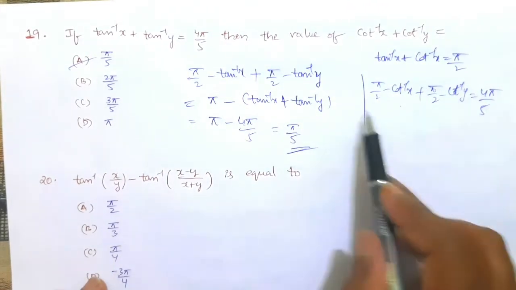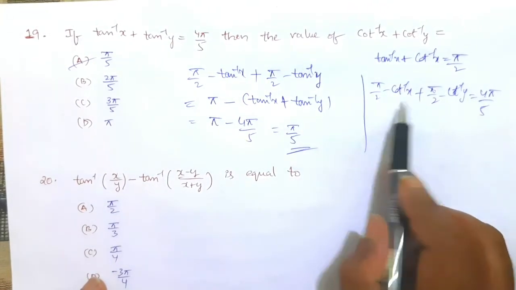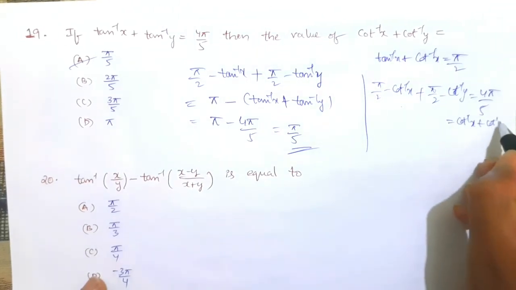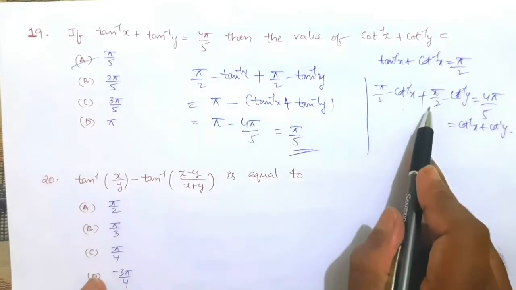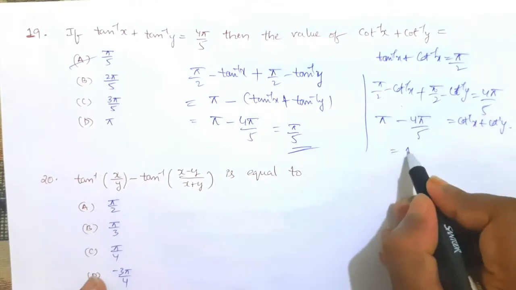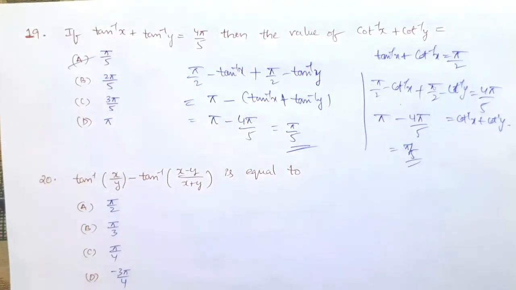By again considering this also we will get, because minus cot inverse is sent to that side, cot inverse x plus cot inverse y. So pi by 2 plus pi by 2, which is pi, minus 4 pi by 5, which is equal to pi by 5. Like this also you can simplify.